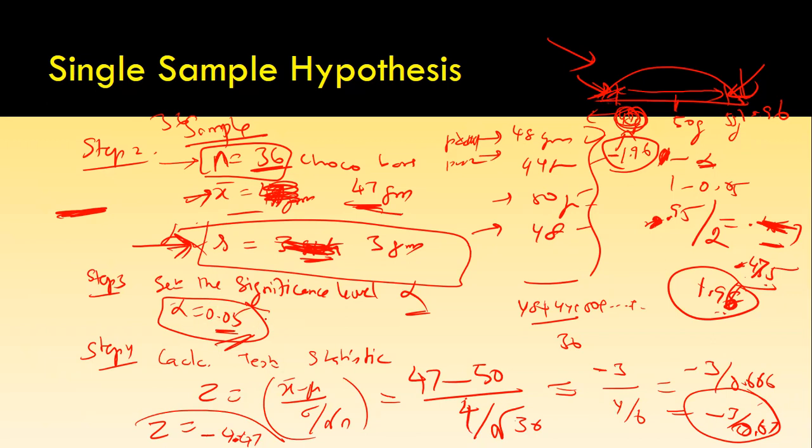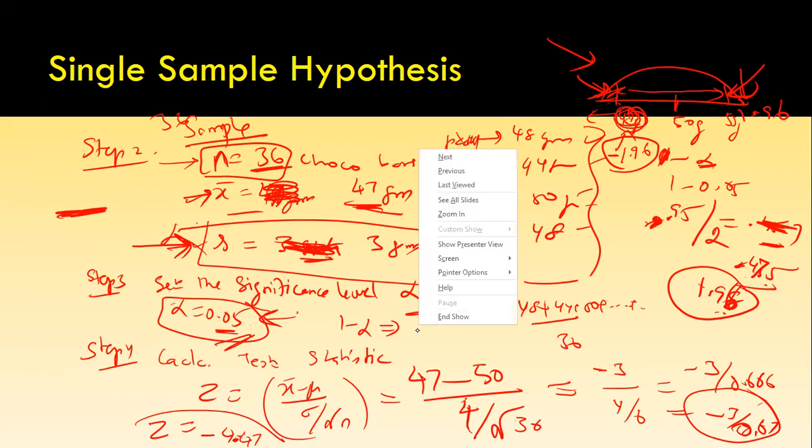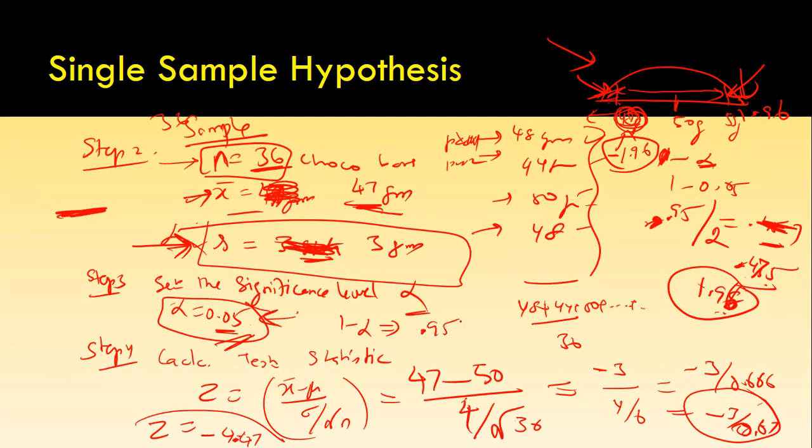Conventionally they use 0.05. The total area under the curve is 1 minus alpha, which is 0.95. Since we are conducting the two-tailed test, we get 0.475.